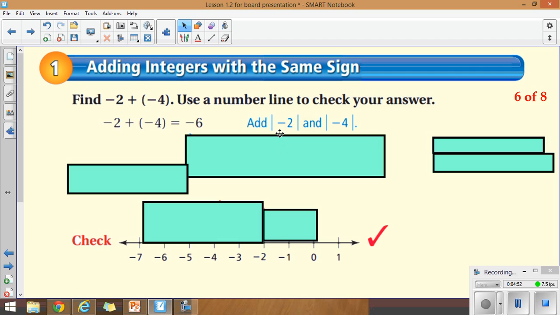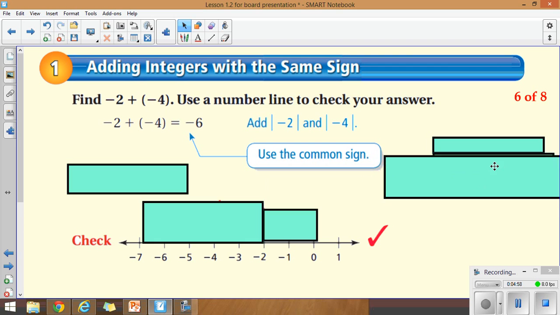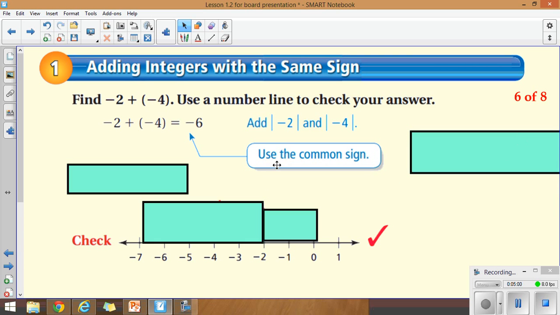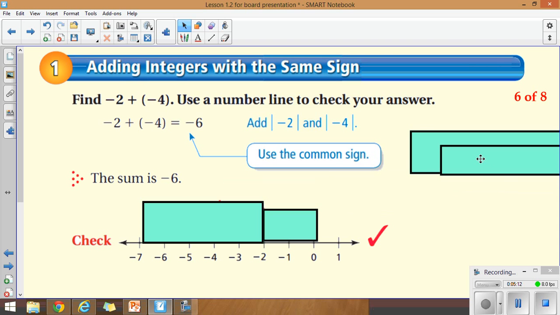The absolute value of -2 is 2. The absolute value of -4 is 4. So we're going to use the common sign. Since both integers contain a negative, our solution will be negative. It's the sign that they both share. So the sum will result in -6.